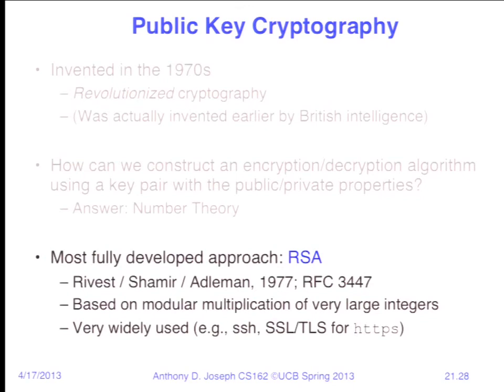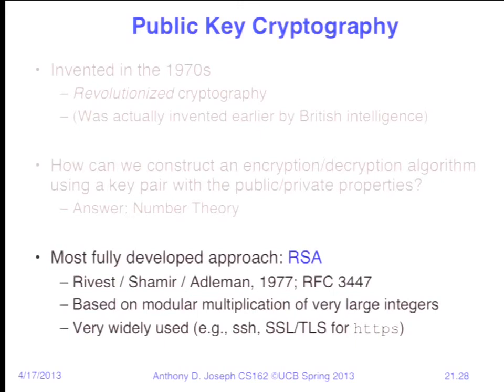Used in everything today. You use it thousands of times a day. Every time you connect to Facebook, that goes over an HTTPS connection, multiple HTTPS connections, that's using RSA to secure that communication.